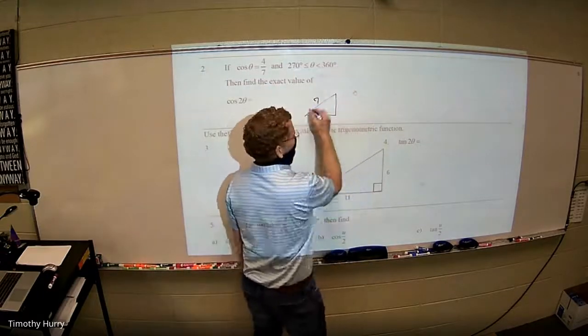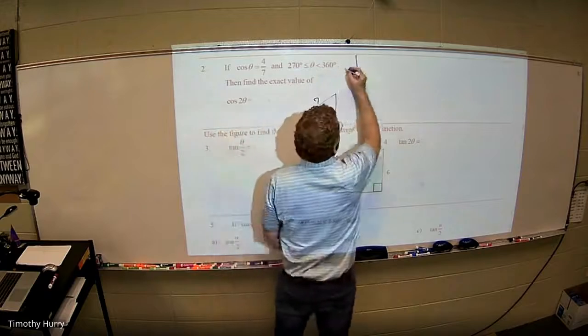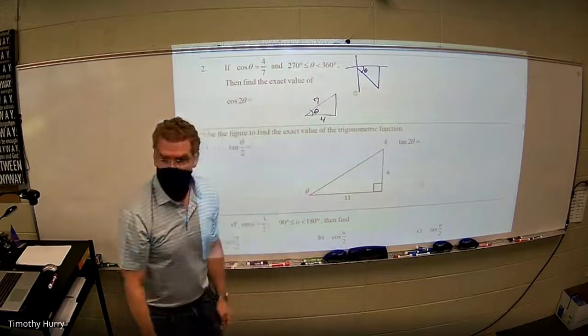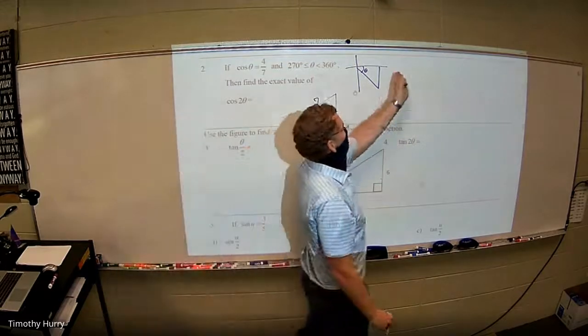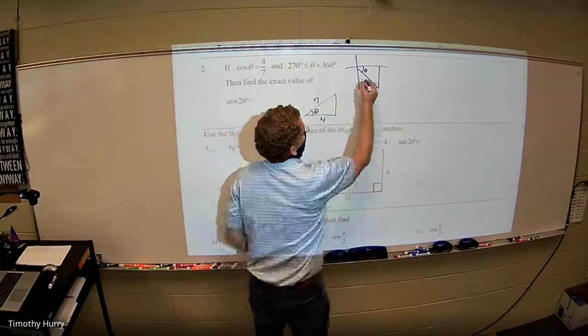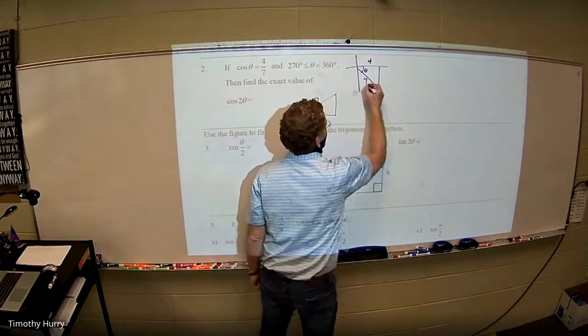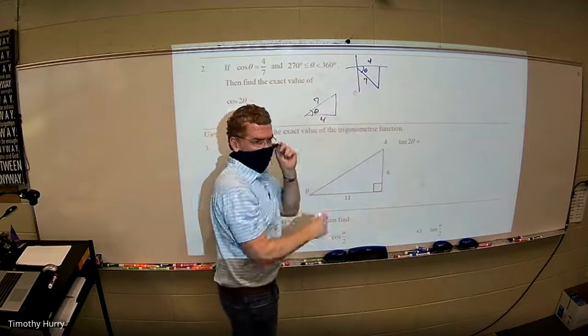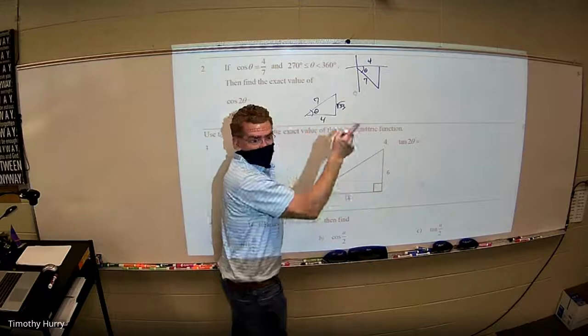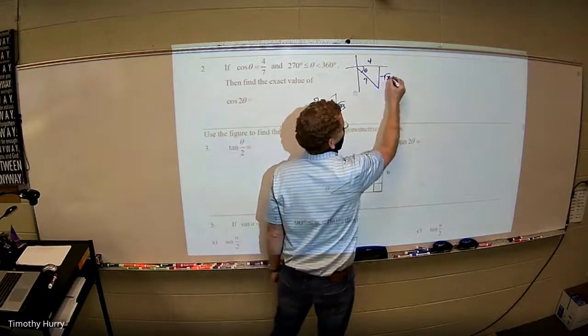So this is not a first quadrant looking angle. This is a fourth quadrant looking angle, isn't it? It's between 270 and 360. It's down here. And if I label my 4 and my 7 here, what's the difference between that and that? Yeah, this would have been a root 33, and this is a negative root 33.